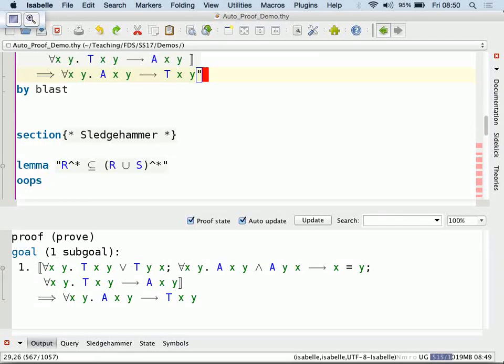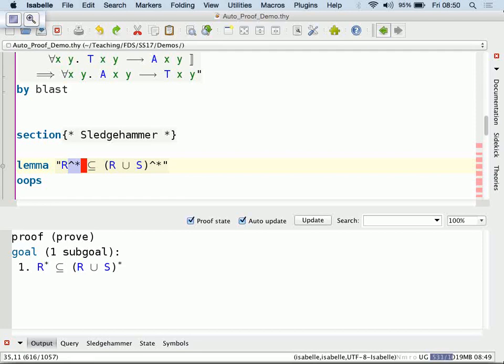And then finally, Sledgehammer. Here's an example of a theory that is not built into any of the standard tools like Auto and FastForce. That's the theory of relations, in particular the reflexive transitive closure of a relation. That's what this arrow means.